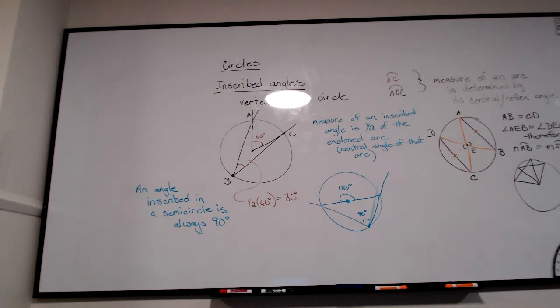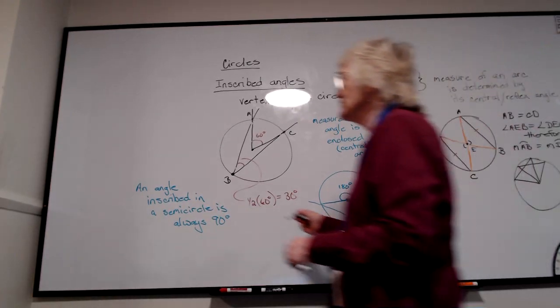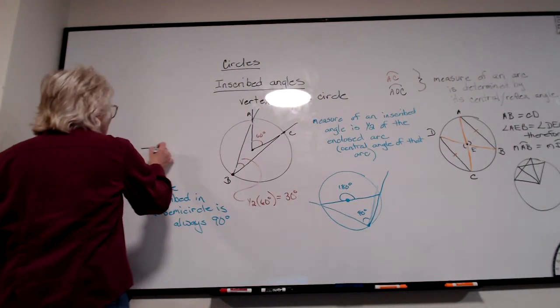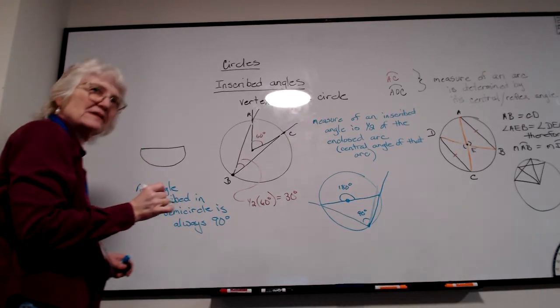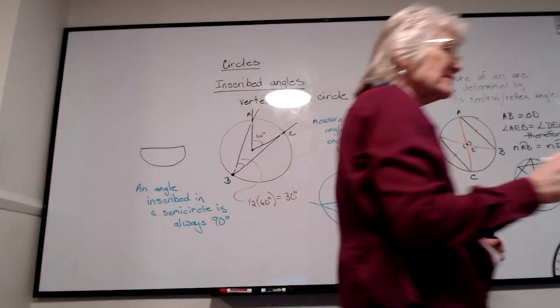What is a semicircle? Half a circle. A semicircle is just half a circle. So if I have exactly 1/2 of a circle, that does not look exactly like 1/2 of a circle, but that's okay because I drew it.